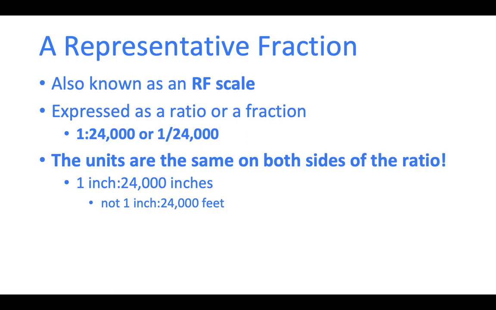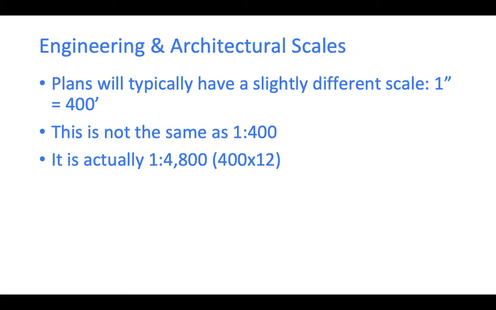So this 1 to 24,000, it's 1 inch equals 24,000 inches, not 1 inch equals 24,000 feet, right? So just keep that in mind. Keeping these units consistent is incredibly important as you start working with this stuff. And be aware too, if you're doing map stuff like we're going to be doing, topographic maps and all that, you're going to see that 1 to 24,000 scale that we just saw, going to see that a lot.